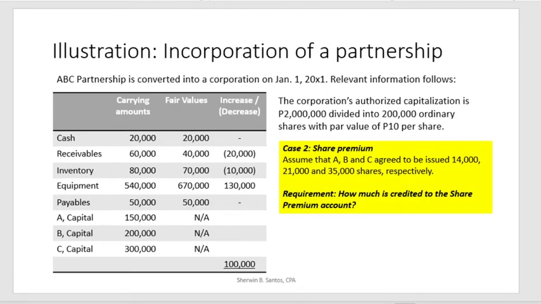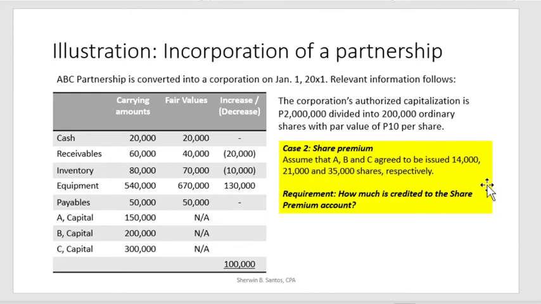Okay, let's proceed with case number 2. So what if there is a share premium naman? Assume that the A, B, and C agreed to issue 14,000, 21,000, and 35,000 shares respectively. So kanina, ang sabi, kung magkano yung na-compute na adjusted capital, ay yun na mismo ang gagamiting basis in computing the number of shares.